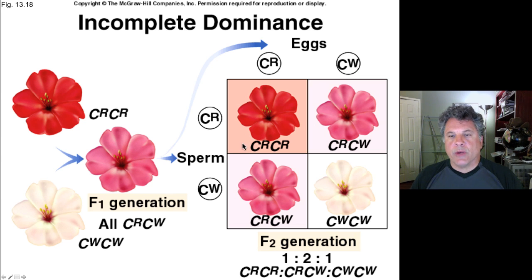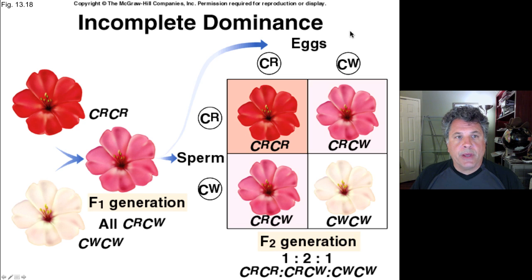So here we don't have a 3-to-1 ratio, rather we have a 1-to-2-to-1 ratio. But that does not contradict Mendelian inheritance in any way, shape, or form. It just shows us the phenomenon of incomplete dominance. And again, these genotypes 1-to-2-to-1 are 1 homozygous red, 2 heterozygous, and 1 homozygous white. So that's the phenomenon of incomplete dominance.